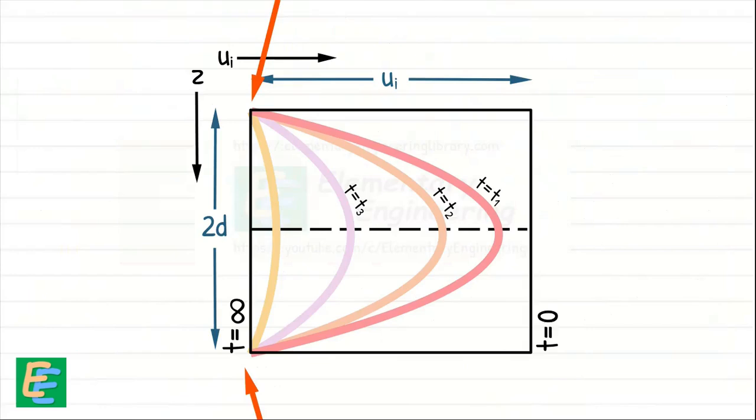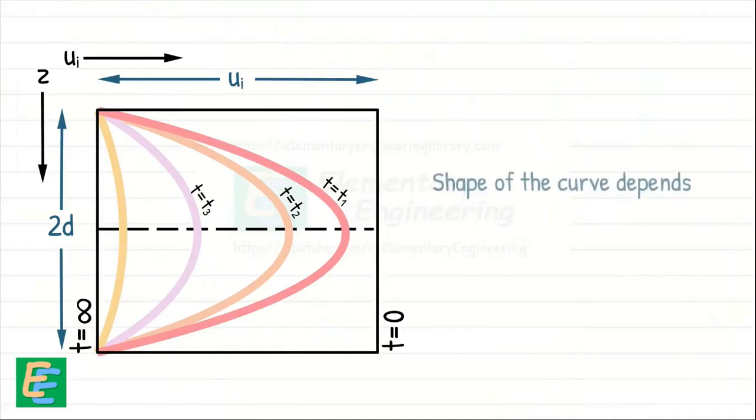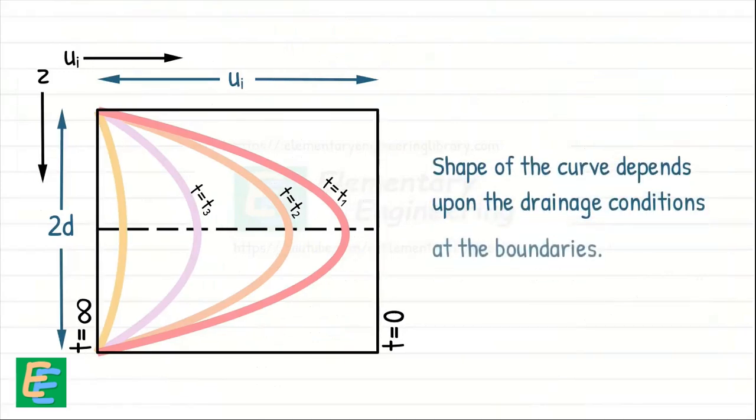With further consolidation, the curve flattens out and moves closer to the zero excess pore water pressure line. Eventually, when the curve becomes a vertical line, the excess pore water pressure has completely dissipated and consolidation is complete. The shape of this curve also depends upon the drainage conditions at the boundaries of the clay layer.